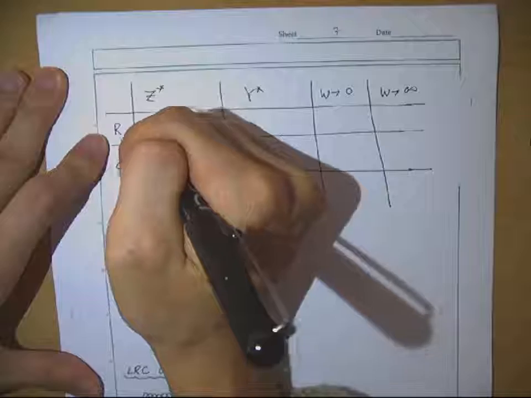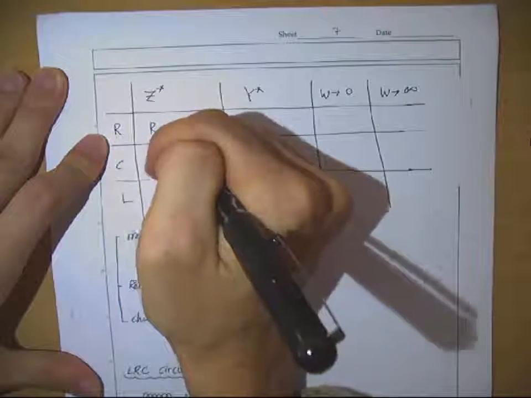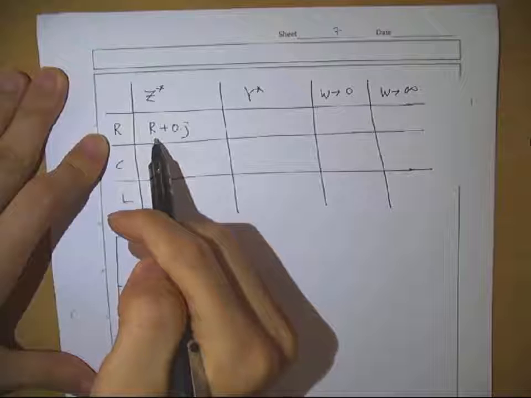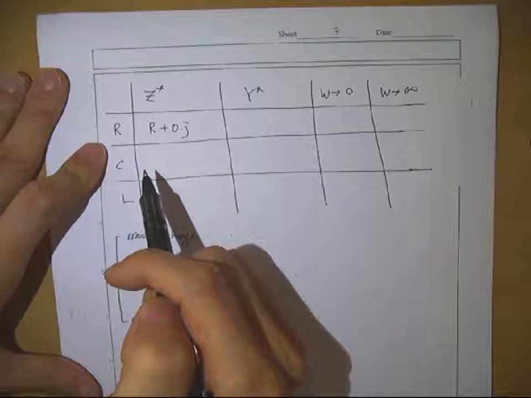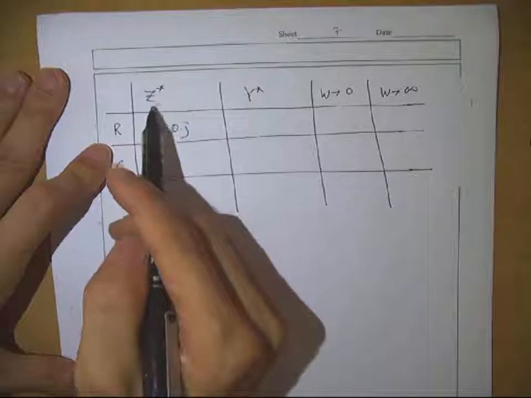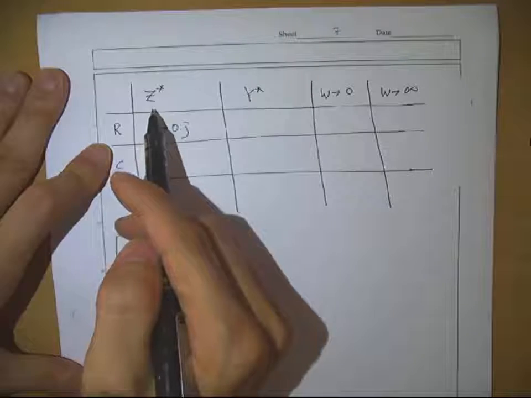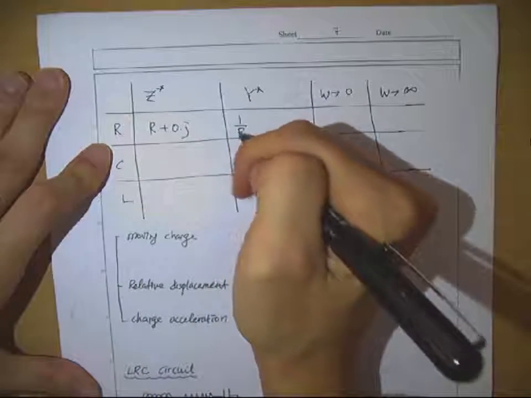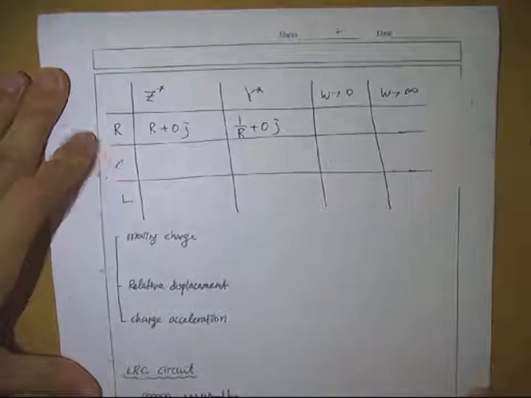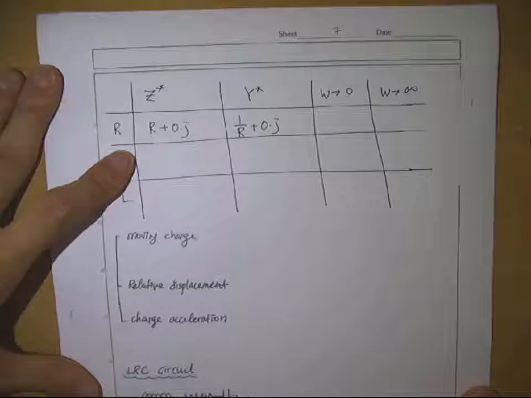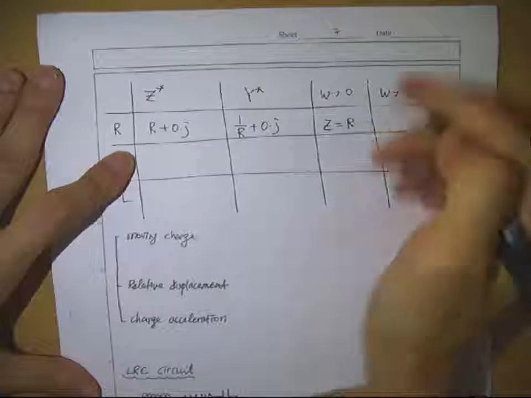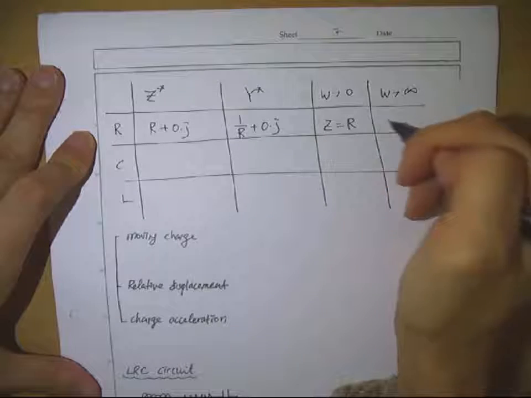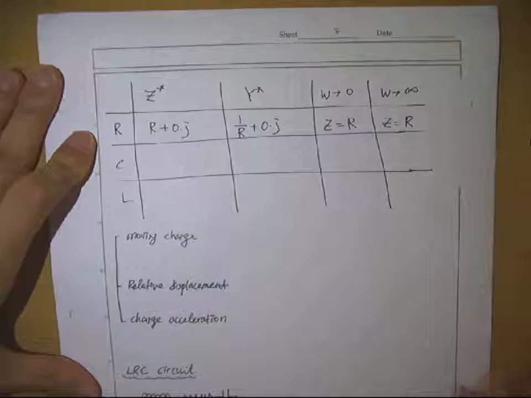Let's just summarize it. In the case of resistance, R is just constant, and it's not a function of omega, so omega doesn't affect the impedance of the resistor. And admittance is the reciprocal of this Z star, so 1 over R plus, and there's no imaginary part. So when the frequency goes to 0, Z is still R, and as the frequency increases, Z is still R, so it doesn't change.